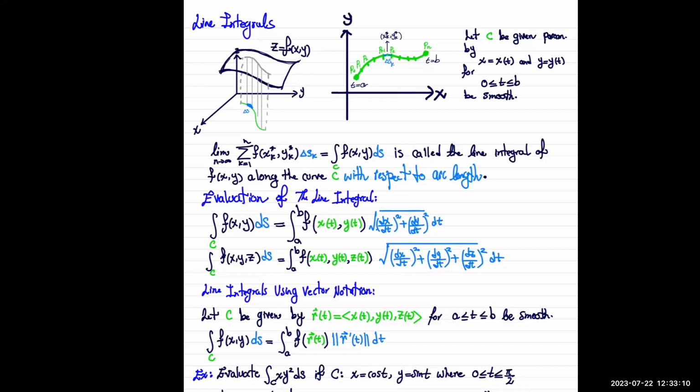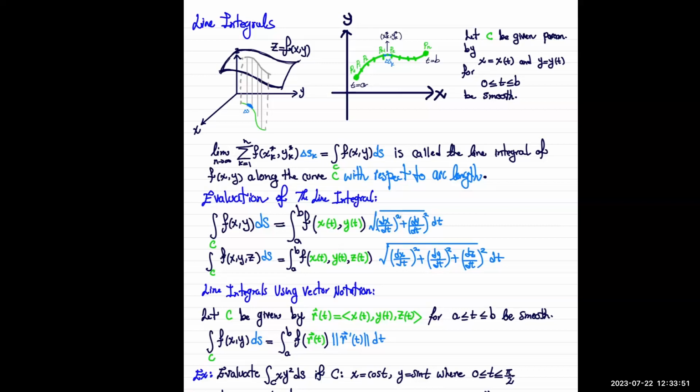And that's because you're looking at the trace of the curve on the surface. So you put the x of the curve into the function and the y of the curve into the function. And again, ds is the arc length increment from, I think, section 13.3 or 13.4, which is defined by the root of (dx/dt) squared plus (dy/dt) squared. Remember, this is also the magnitude of r prime.